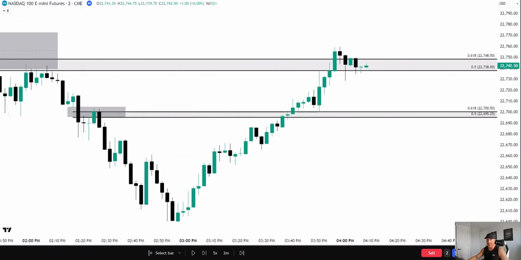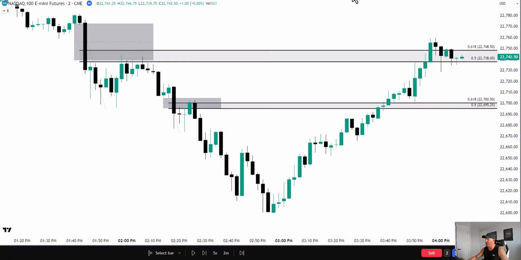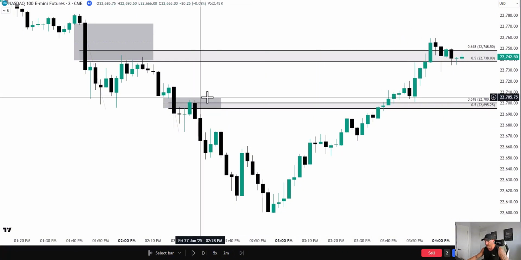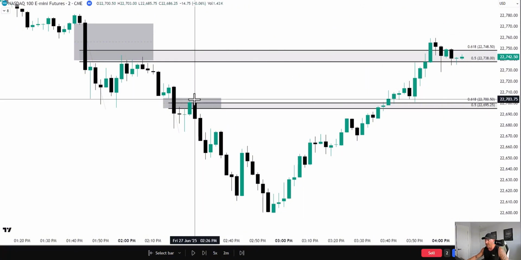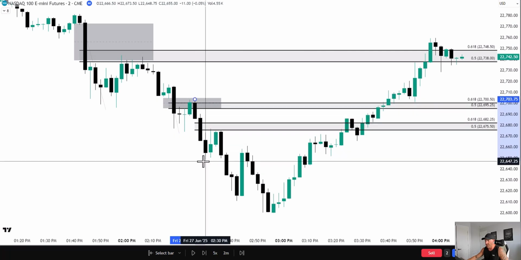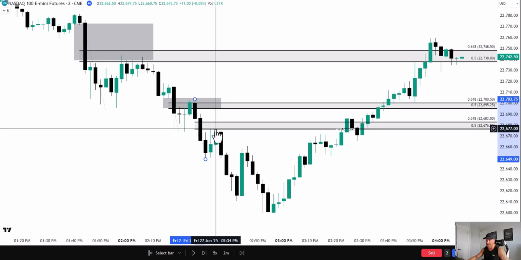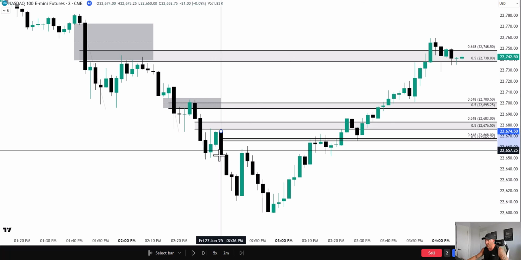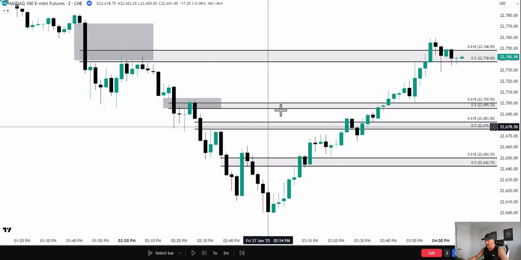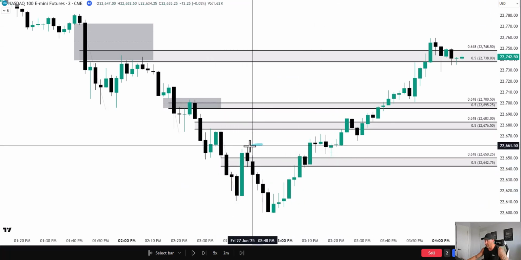So even right here, we have another one. Like you can just see them once you start charting them for a while, right? So we got our swing high to our swing low right there. Now we just barely tapped that, but that's still a tap right there, right? Where do we go next? Swing high to our swing low. This one we're deep in discount, which is what I like sometimes.